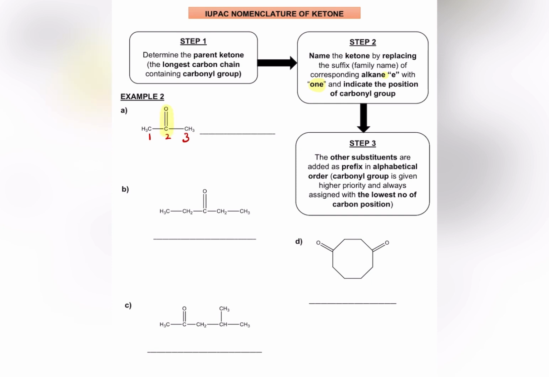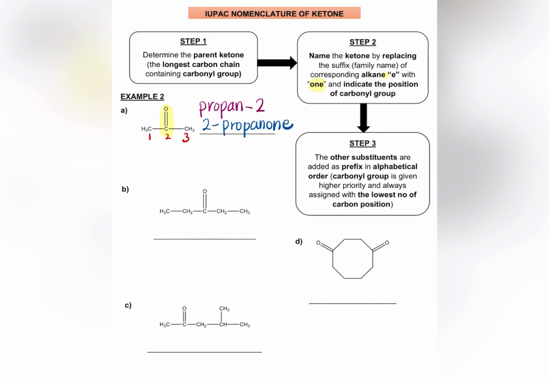So I'm going to give my parent as propanone. But I have to indicate the position of C double bond O, so it is at the second carbon. So my full name will be 2-propanone. You can also give the name in another style, where you separate the naming for the numbering and the family name.